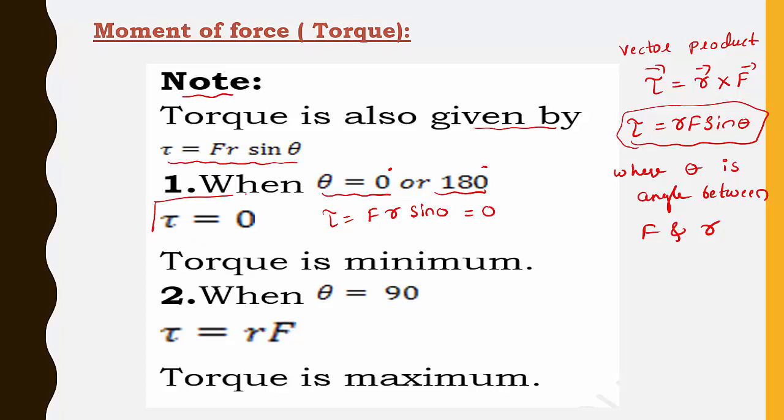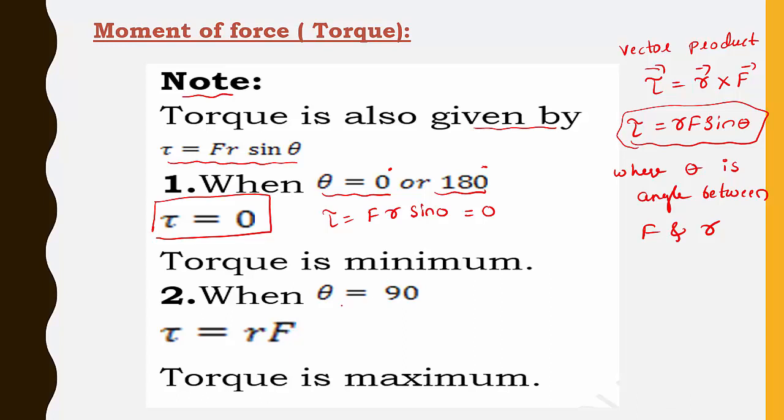So we got the answer, torque is equal to 0. Torque or moment of force is 0 when the angle between applied force and the distance is 0 or 180 degree, so the object will not get any rotational motion. So torque or twisting effect is 0 or minimum.